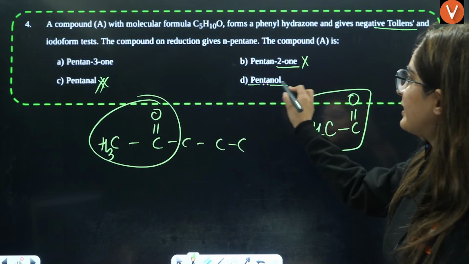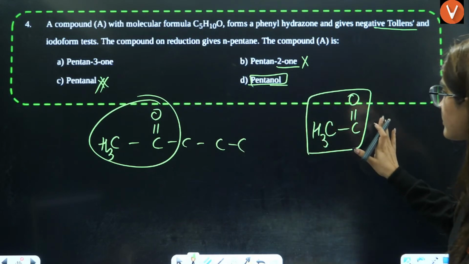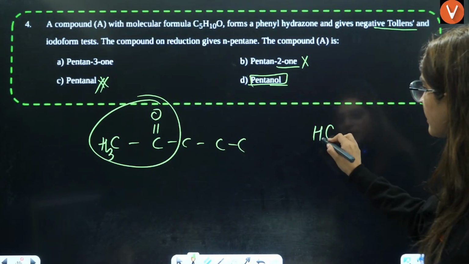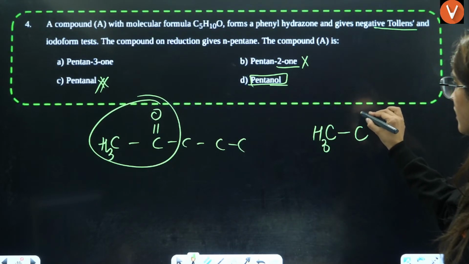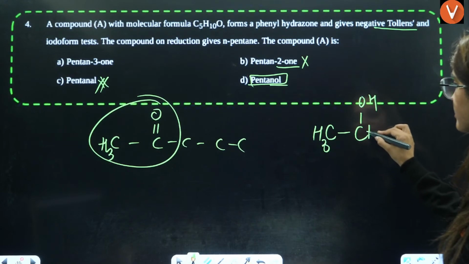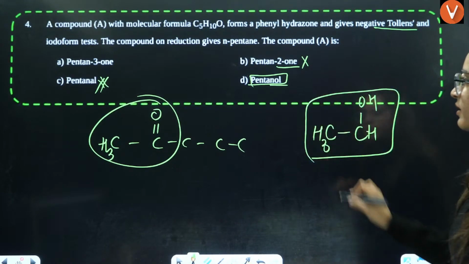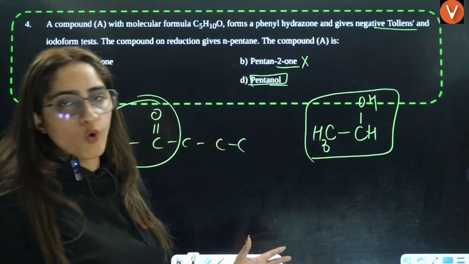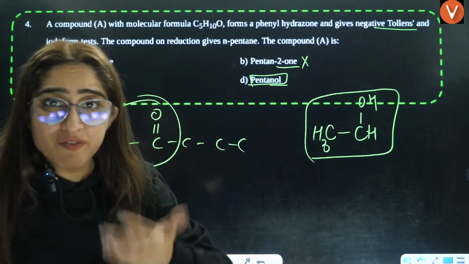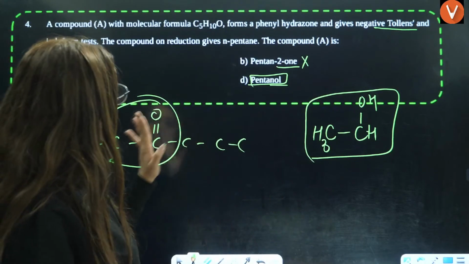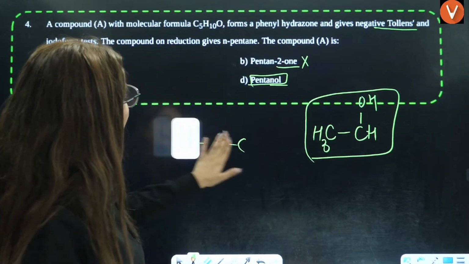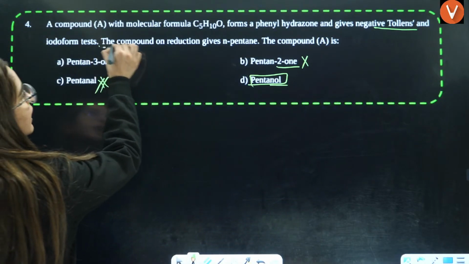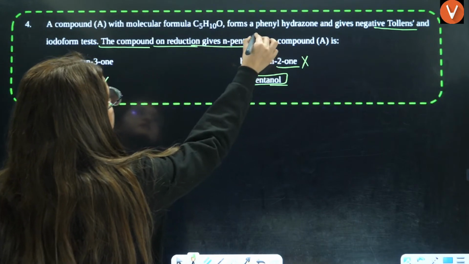Let's talk about pentanol. If you have CH3, C, with OH and H, this kind of alcohol, which is secondary and has a methyl over it, also gives the iodoform test, right? So now we have to choose between pentan-3-one and this. The other hint given is that the compound on reduction gives n-pentane.